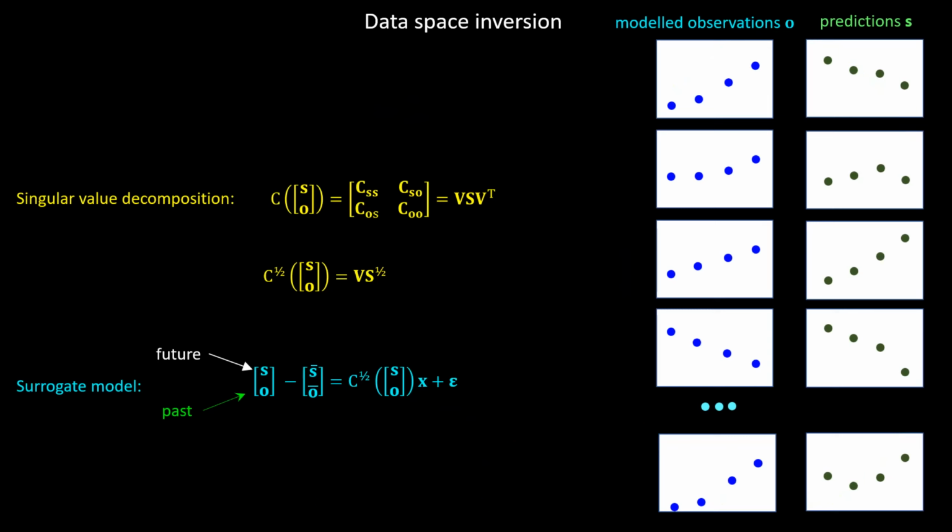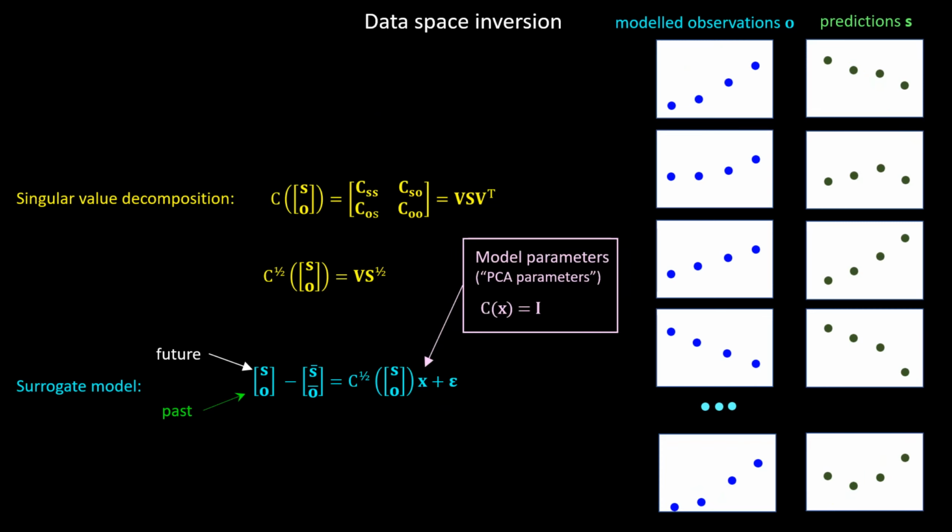This is a statistical model, but it's a little bit like a numerical model because it has parameters. The parameters are x. And the prior probability distribution of these parameters is the identity matrix I. Each of the elements of x are independent, normal, standard Gaussian deviates, mean of 0, standard deviation of 1.